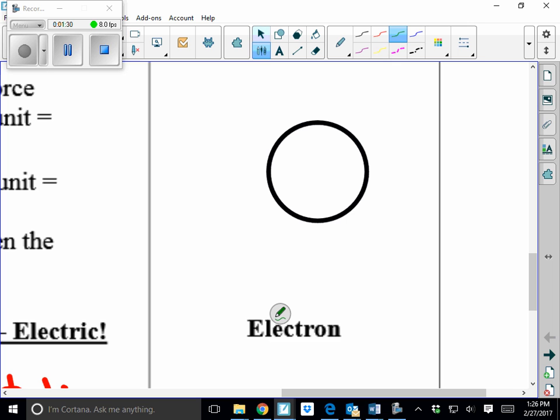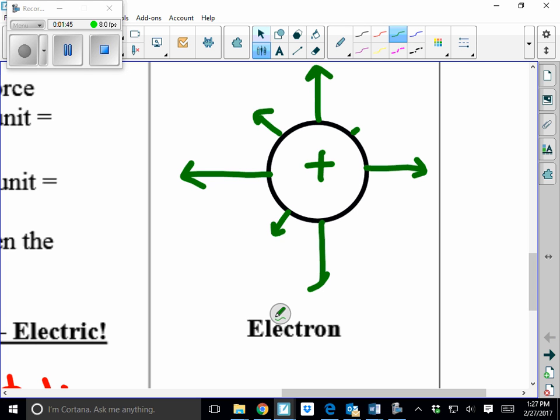The electric fields always go out of protons, always. That's the model we use. Once again, remember, we can't see this stuff even with our current technology, but we can see its effect and observe behaviors. And so our model is that electric fields always come out of protons.